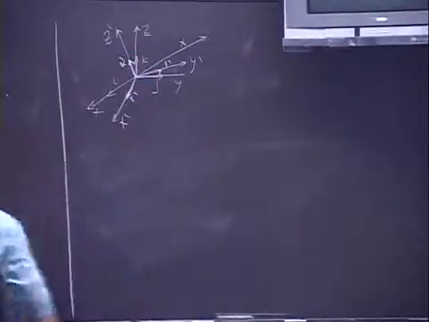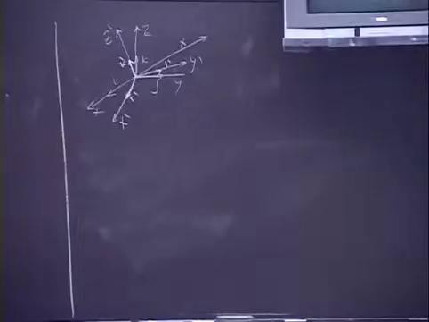So what will be e_j prime and e_i? This is just in 3 dimensions. The e_i will be i, j, k, and e_j prime will be i prime, j prime, k prime. What do you think the matrix S_ij is? It will be the transformation matrix that will transform from i, j, k to i prime, j prime, k prime.